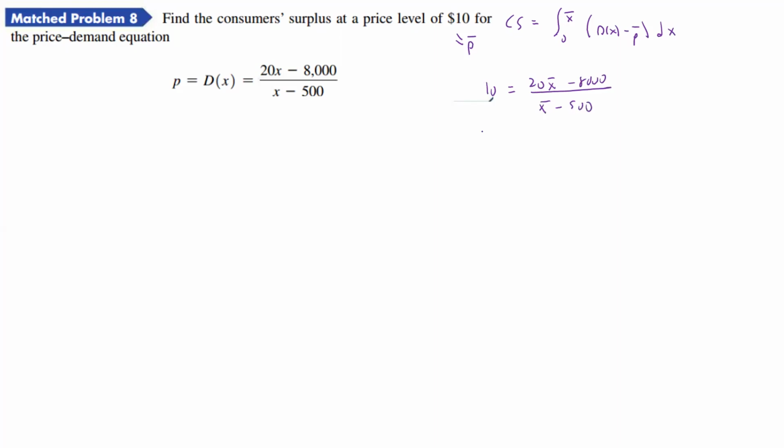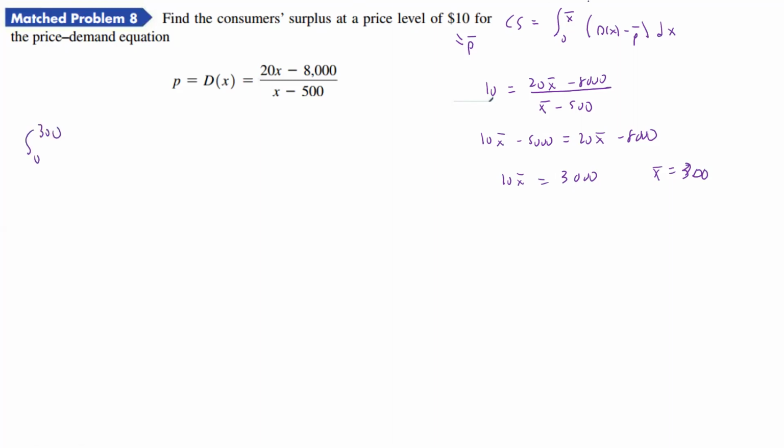Multiply over, so we get 10x bar minus 5,000 equals 20x bar minus 8,000. Take off 10x bar here, and if we add 8,000 here, that's going to be 3,000. So x bar is equal to 300. Now we know we're going to integrate from 0 to 300.